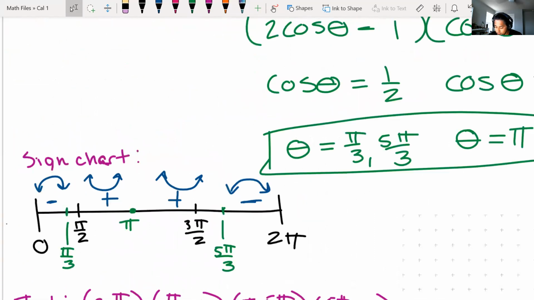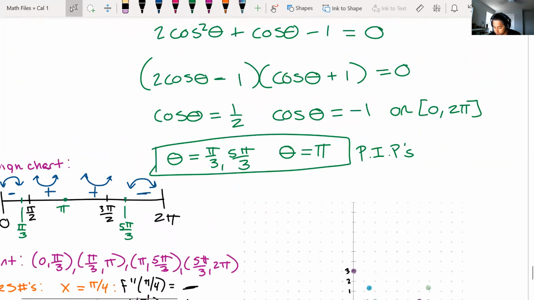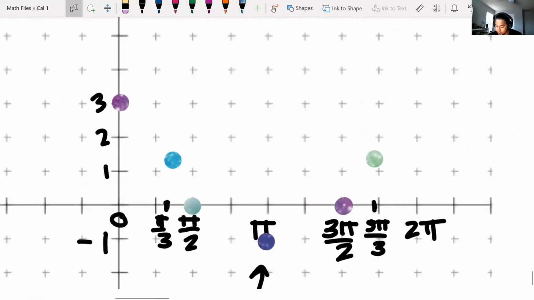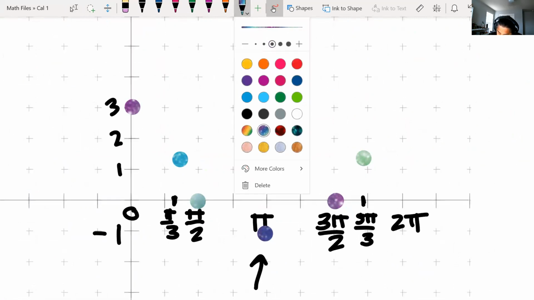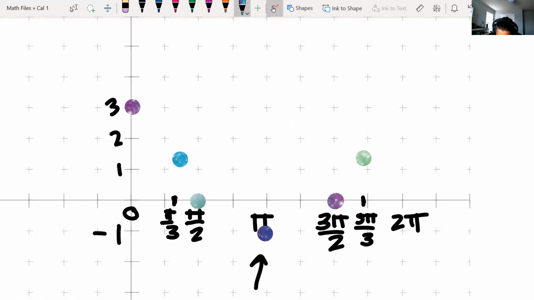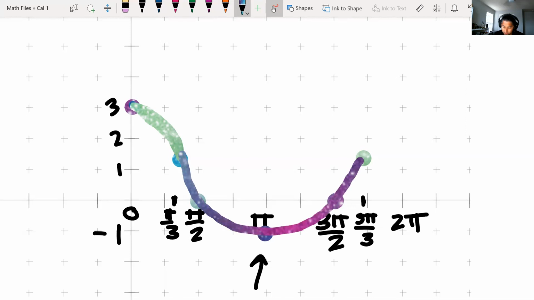Hang on. There we go. Zoom in. So it says we are concave down right there, and then concave up right there, and then from there on out, we become concave down. There it is.